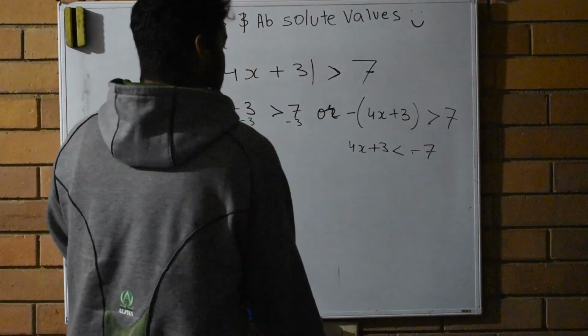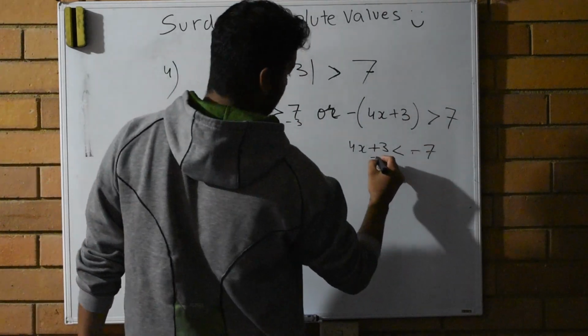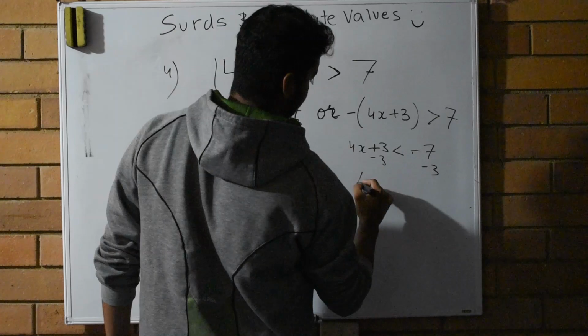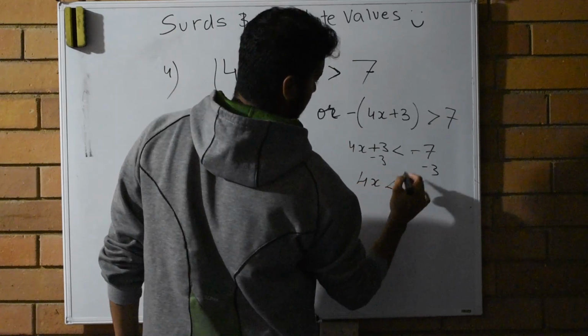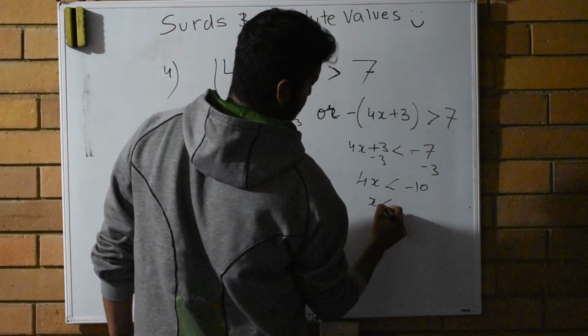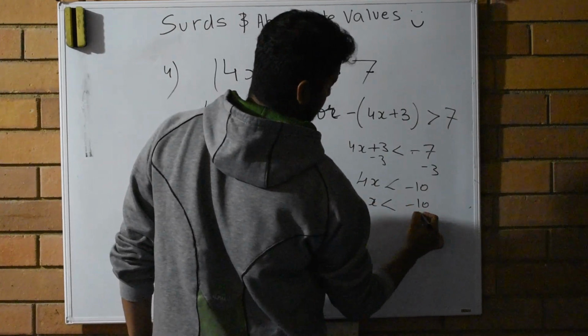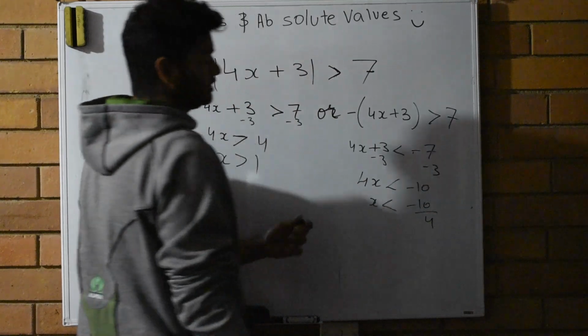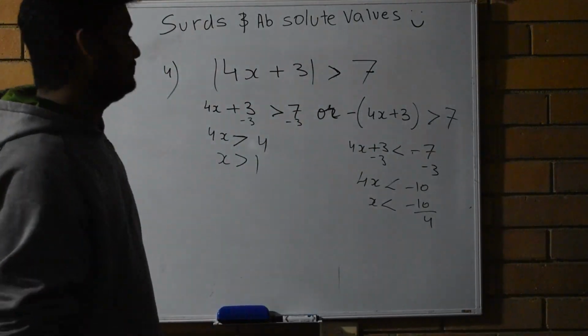So, take away 3, 4x less than -7 minus 3 is -10, x is just going to give me less than -10 over 4, and you can simplify it further, so yeah.